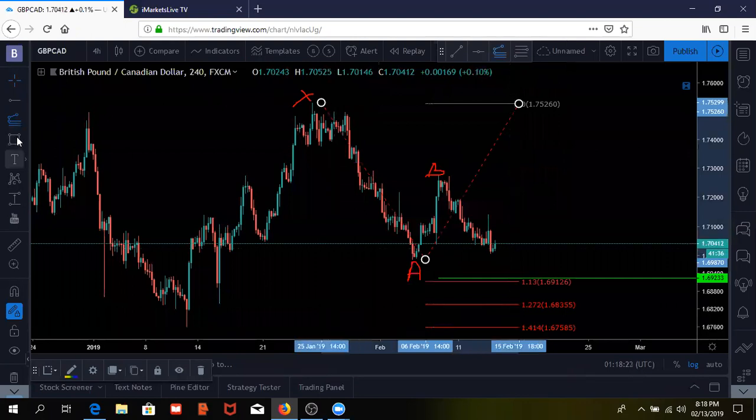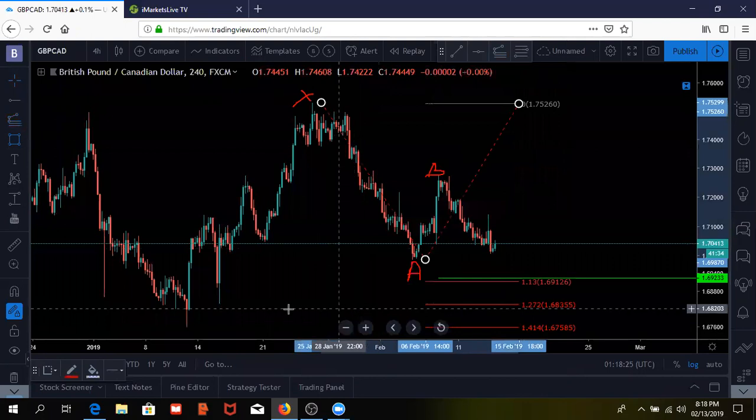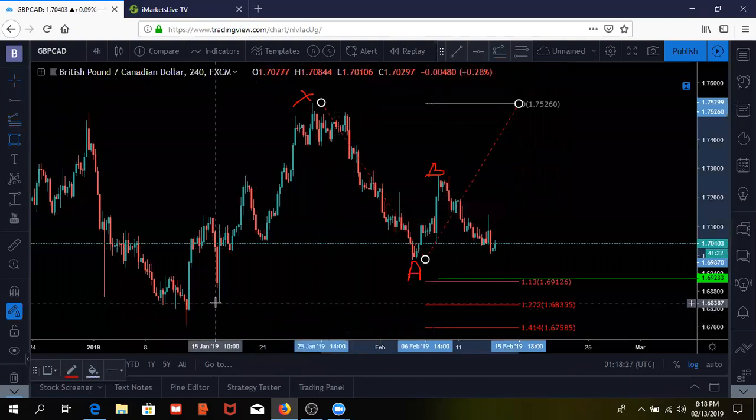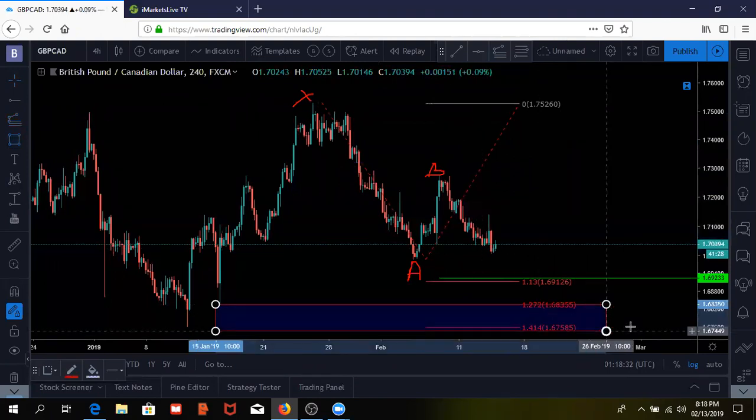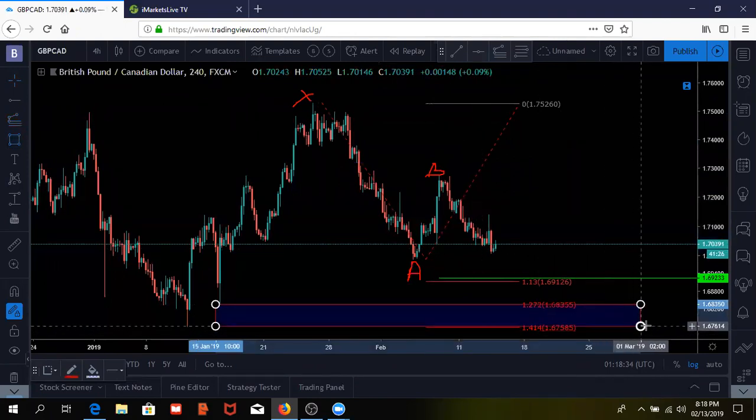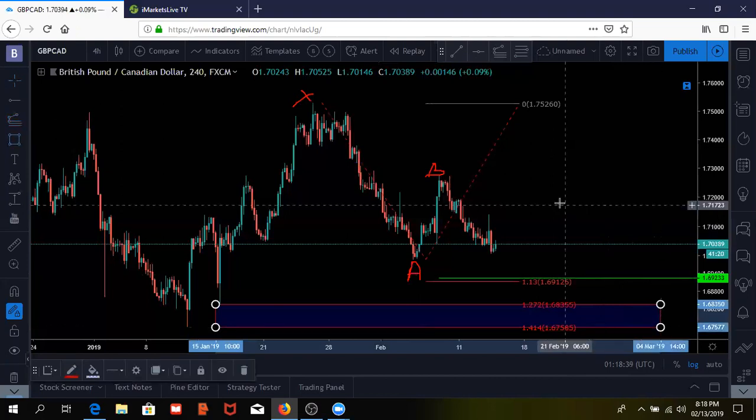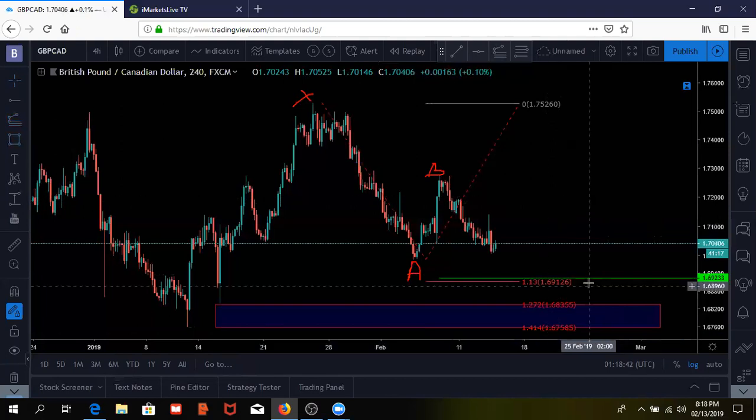So this will be a zone that I'm looking to enter in right here. And if it does that, it'll give me a retest of the lows, okay?